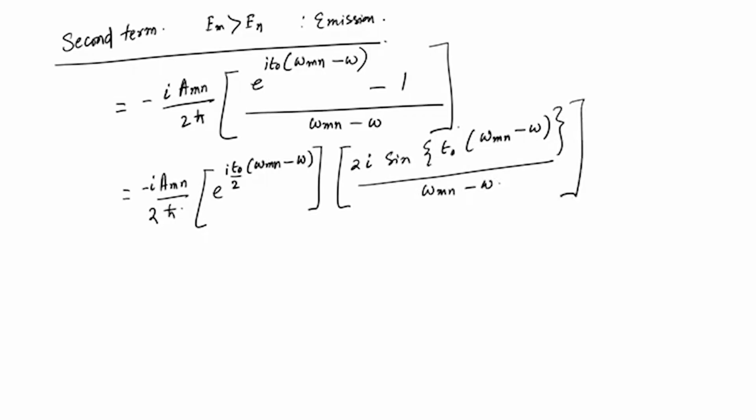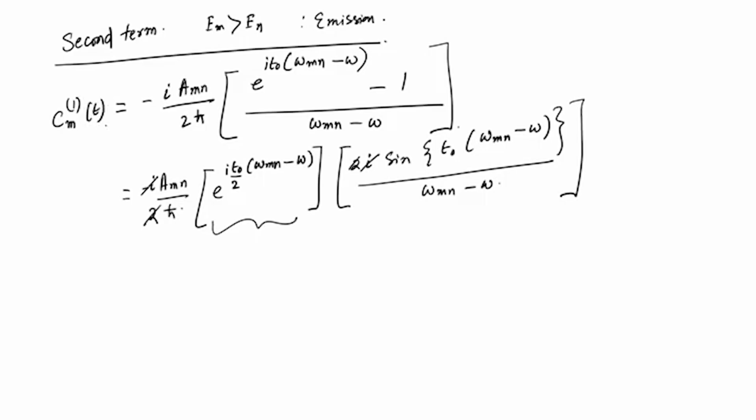Okay. Now this 2 will cancel with 2 and this minus i will cancel with i, and we are left with a_mn by h cross, this half i t_0 by 2 (omega_mn minus omega), and this sine term. So, this is your C_m1 term only for the emission.